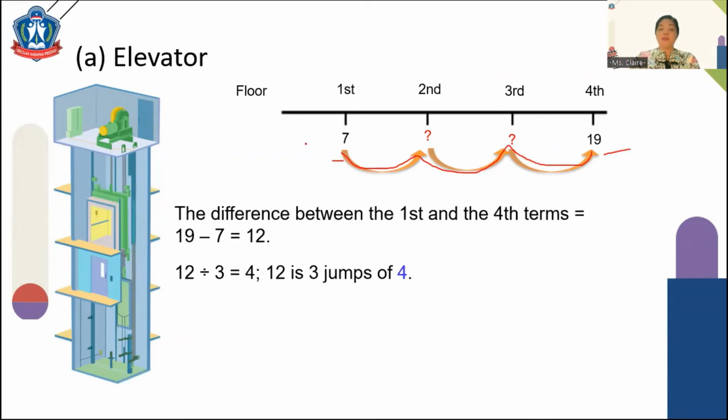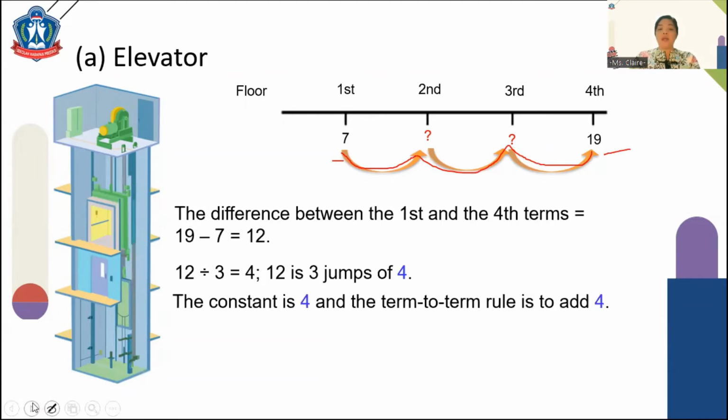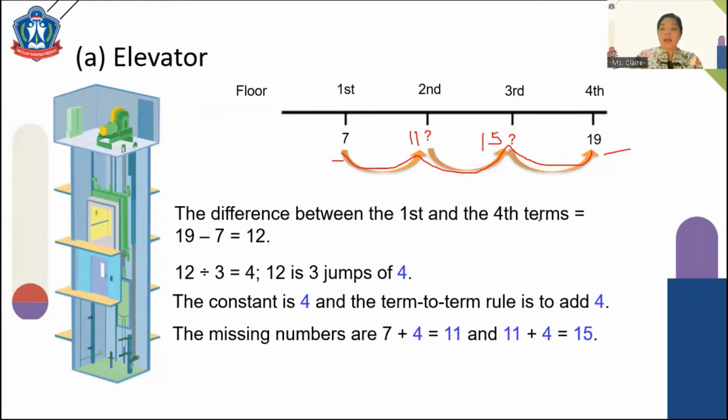Therefore, there are 3 jumps of 4. So we always add 4 to every floor. If we add 4 to 7, that is 11. If we add 4 to 11, that is 15. If we add 4 to 15, that is 19.